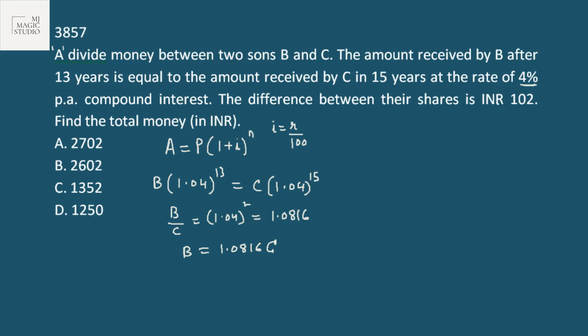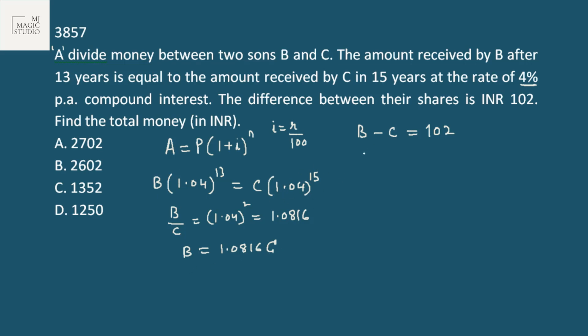Now the difference between their shares is 102. What they have received, the difference is 102. That means B minus C is 102. Obviously B would have got more. That's why his money in 13 years is equal to the money received by C in 15 years.